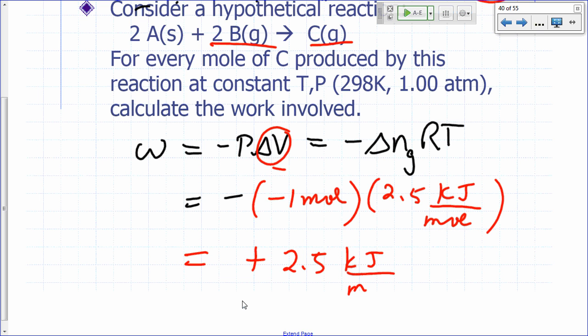Mole cancels out, so positive 2.5 kilojoules. That's the amount of work. As this reaction progresses, your system is going to be shrinking. You're replacing 2 moles of gas by 1 mole, so fewer gas is going to shrink. That's going to be a big change in the volume.